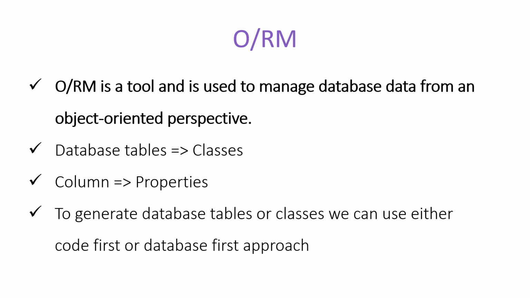Either we can create all the tables in our database and from that database generate all the classes automatically, or we can create all the classes and based on those classes generate our database. If you are creating your tables in the database and then from those tables creating classes in your project, it means you are using the database first approach, because first you are working on the database and then from that database you are creating classes. So this is called the database first approach.